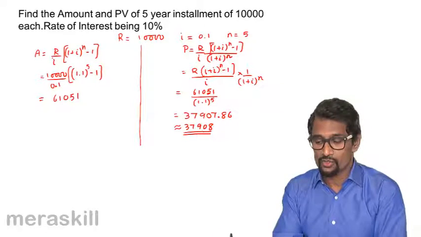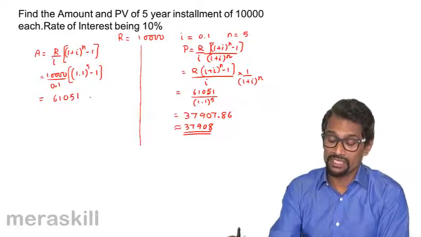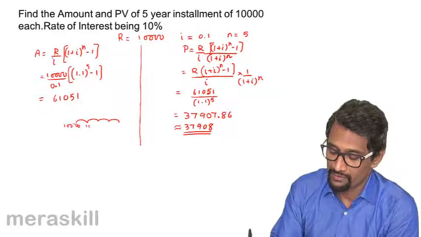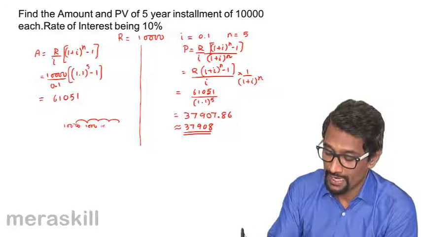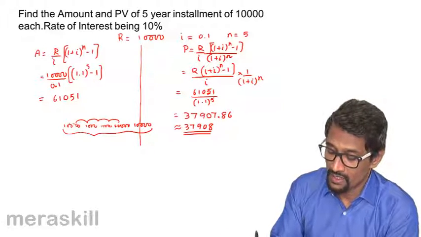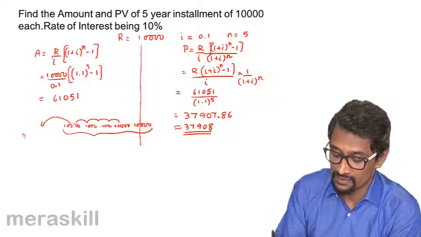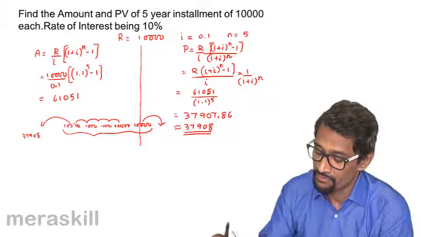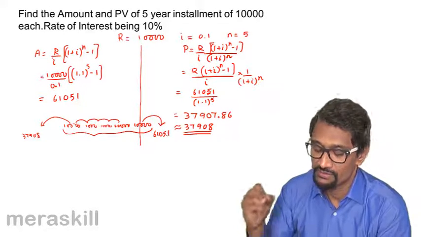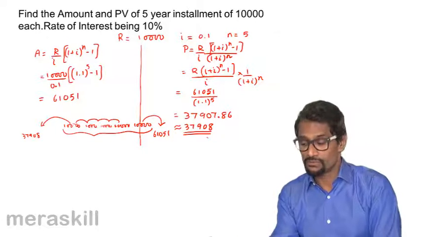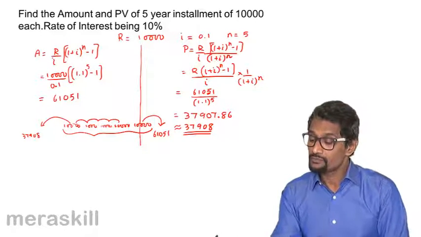Just to reiterate, depositing 10,000 in 5 equal annuities, what is the value of this currently? It is 37,900. What is the value of all this at the end of 5 years? It is 61,051. It's a good example to make you understand both the concepts together. Okay. Right.